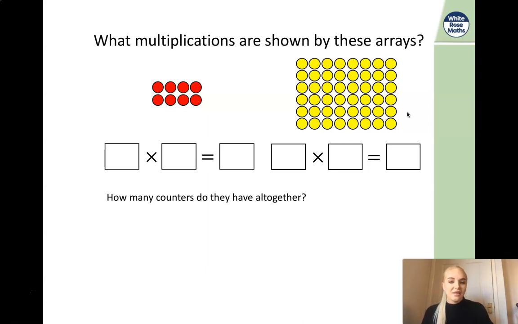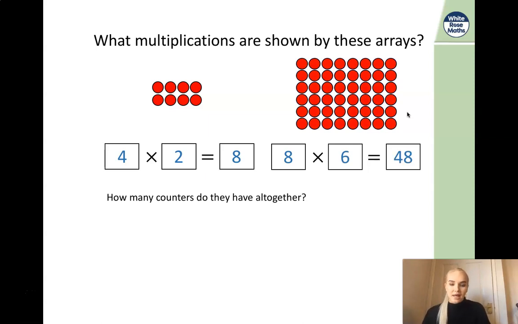Okay, we can see that in the red array of counters the multiplication will be 4 multiplied by 2, giving us 8 counters altogether in that red array. And in the yellow array of counters, this one was a bit more tricky. There are 8 multiplied by 6, giving us 48 counters altogether. But we have worked out the red counters and the yellow counters separately.